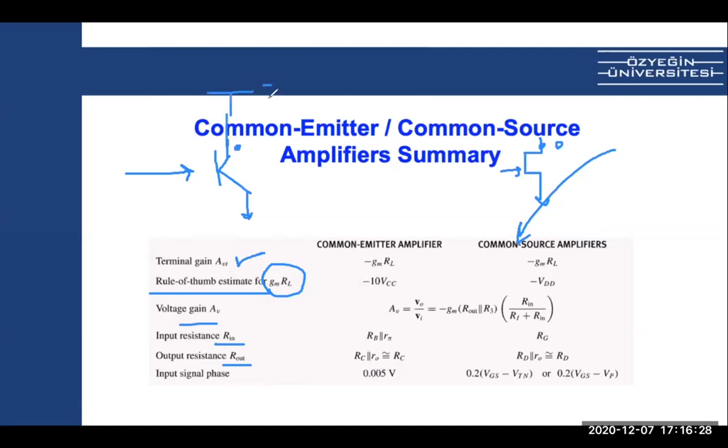Let's say they are both 5 volts, okay? And you have the same current, let's just assume it's 1 milliamp. It might be different, of course. So now their DC power consumption is the same, 5 times 1 milliamp, voltage times current.